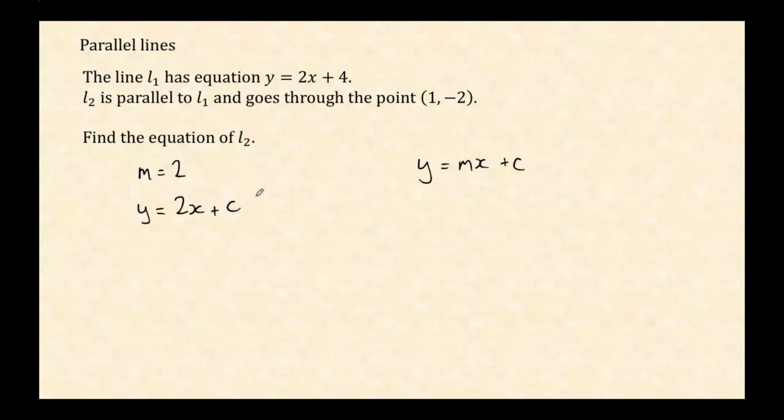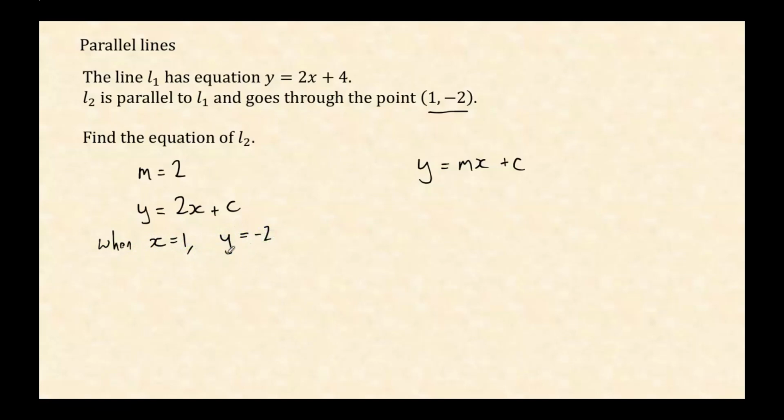And it's this something that we still need to work out. So how can we do that? Well, we're going to use this point here. We can use the fact that when x equals 1, y equals negative 2. It can be helpful to write that down explicitly. When x equals 1, y equals negative 2.